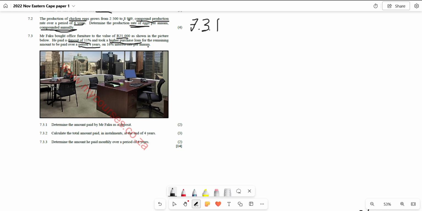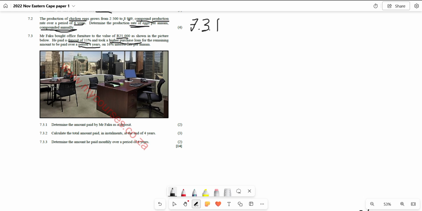Now we understand in this case we are dealing with the hire purchase, and the prescript of the hire purchase is that before you take a certain item, there is a deposit that is required. That's why in this case we are having a deposit, because that is a prerequisite of the hire purchase.